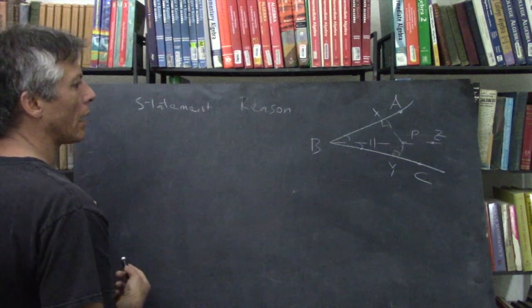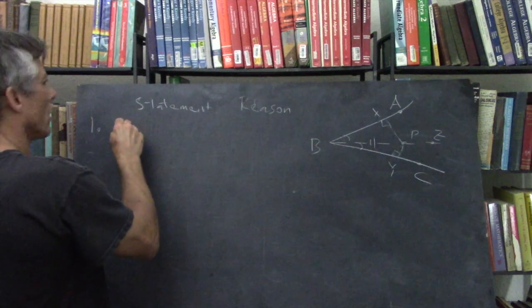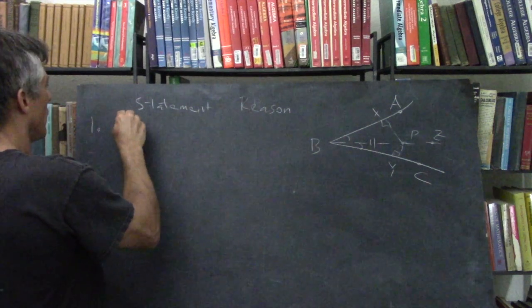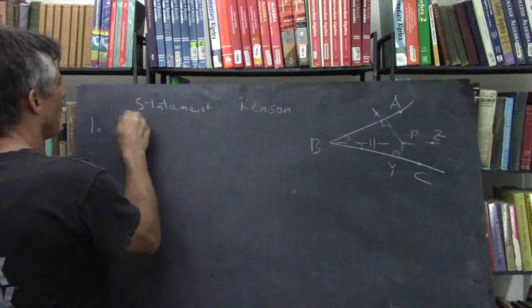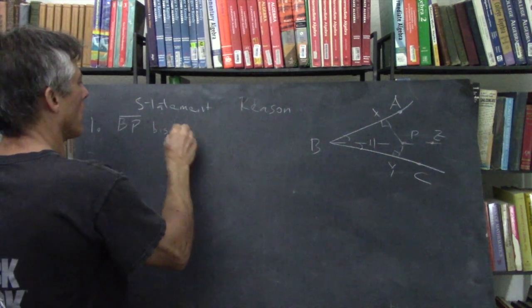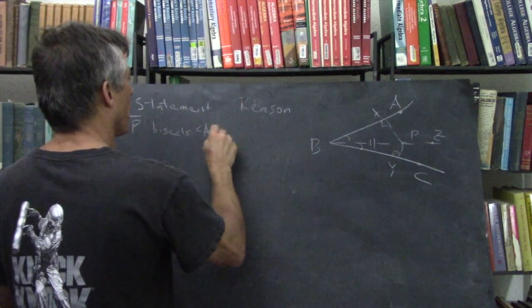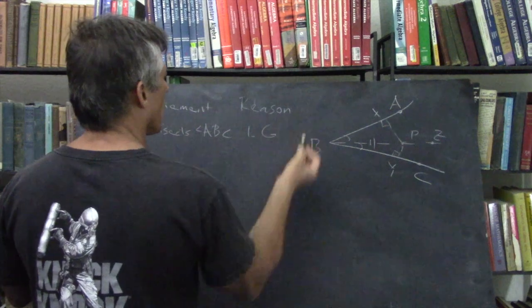So we have our given, BP bisects angle ABC. And that is our given.